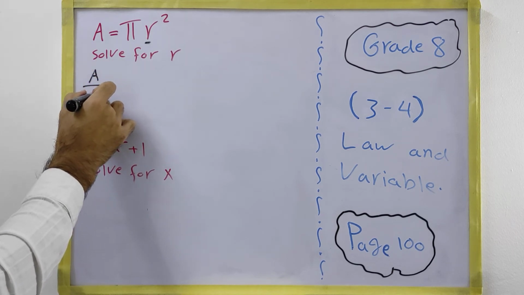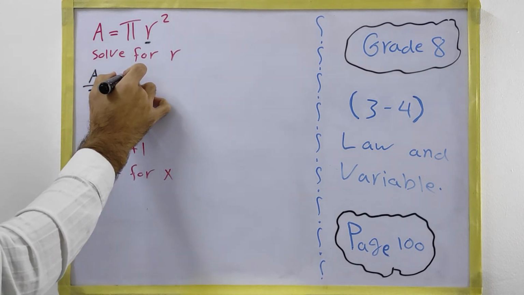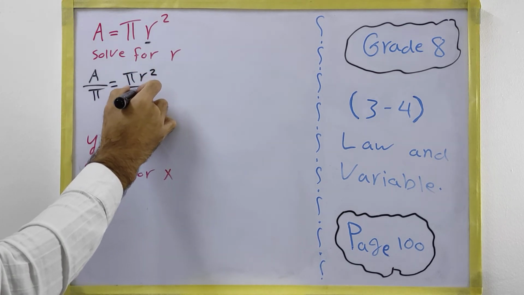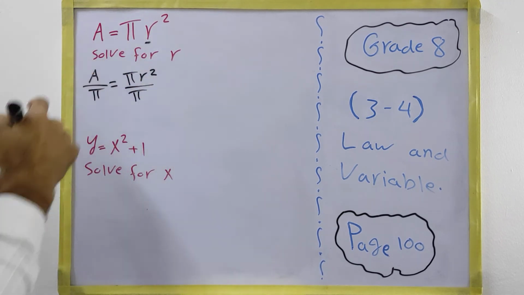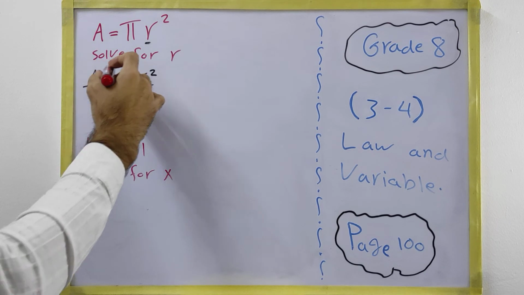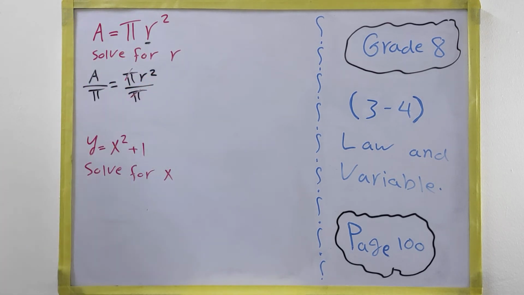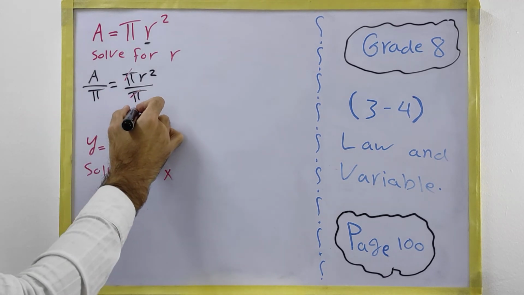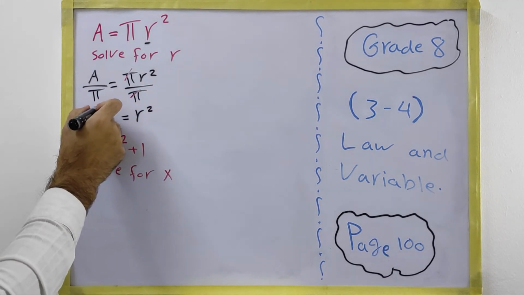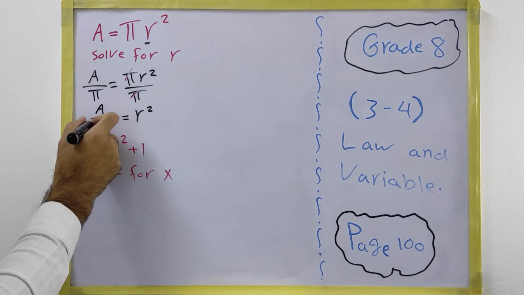A over pi equals pi r power 2 over pi, because with the r we had pi, we divide both of them by pi. This pi with this one can be cancelled. Now on this side we will have only r power 2. On the other side we will have a over pi.